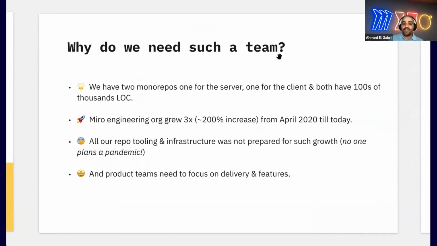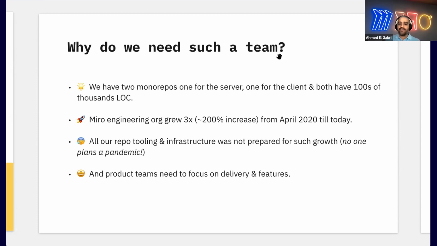Why do we need such a team? As Alexandra mentioned, we have two big monorepos, one on the server and one on the client. Both have multiple hundreds of thousands of lines of code, and also our engineering organization grew 3x from 2020 till today. So that's around 200% increase.